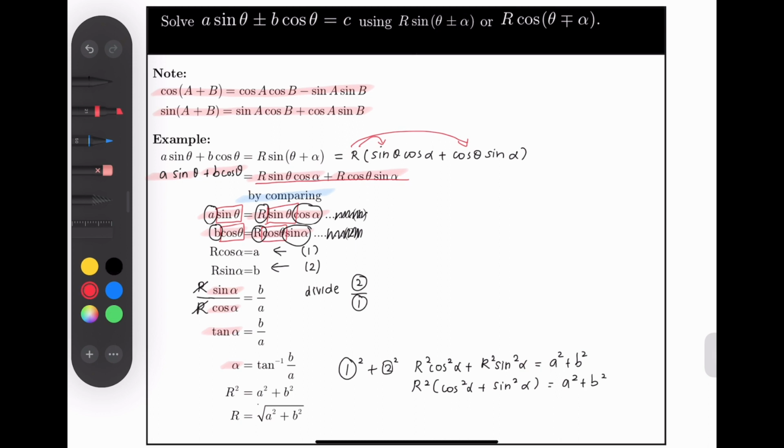You know the identity cos square alpha plus sin square alpha equals 1. That's why we get R square equals A square plus B square. To get R, you need to square root both sides, so you get plus minus square root of A square plus B square. But the question will state that R must be greater than 0, so you choose R equals positive square root of A square plus B square.